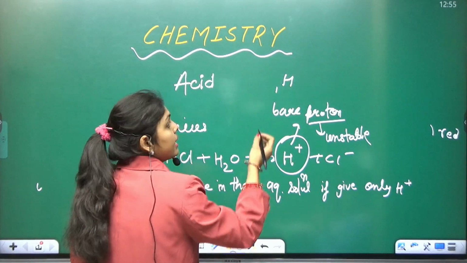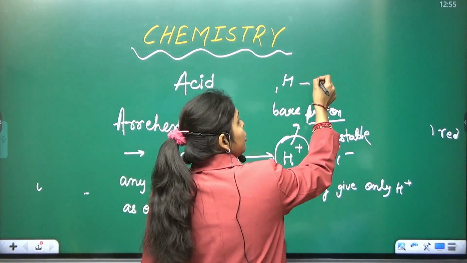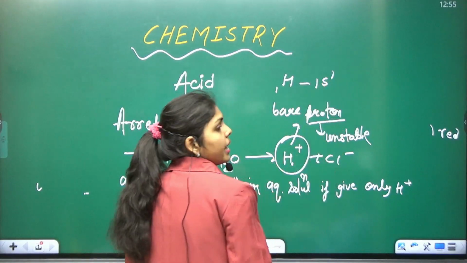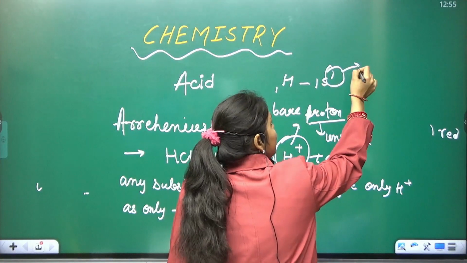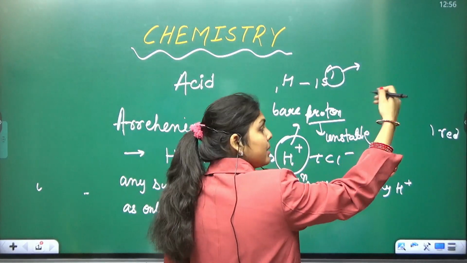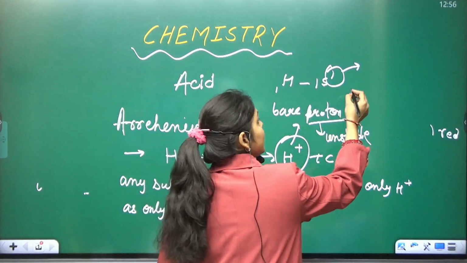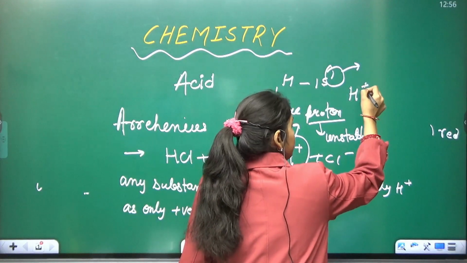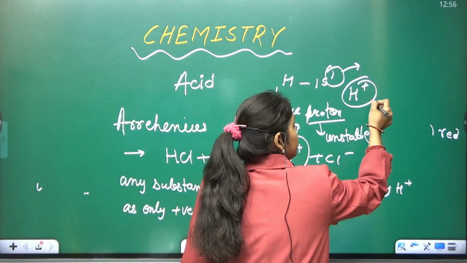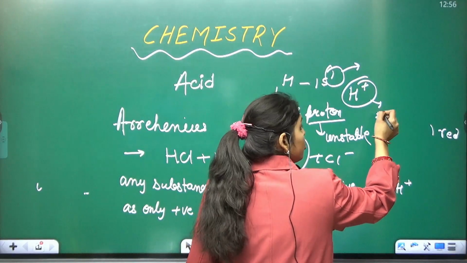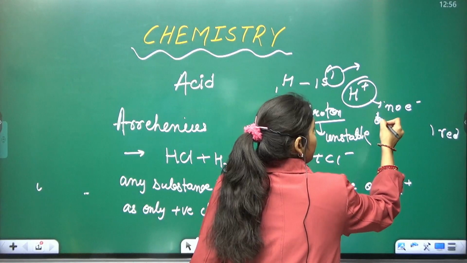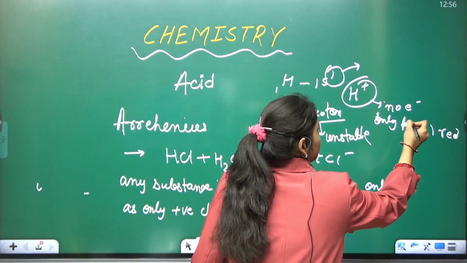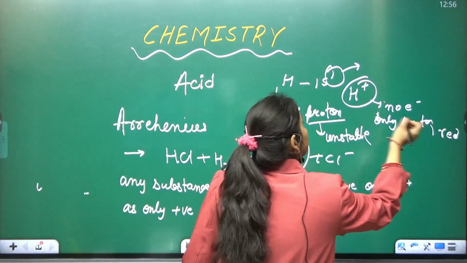Now the electronic configuration will be 1s1, and if one electron from its valence shell is taken by anyone else, then it will convert into H plus. There is no electron here, only a proton. So that's why it is very unstable.